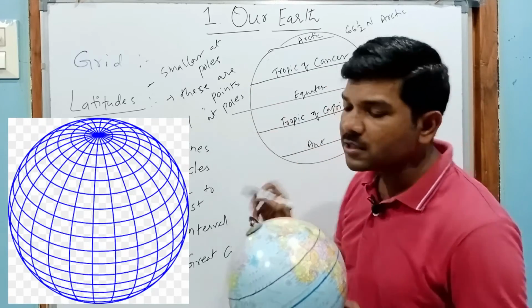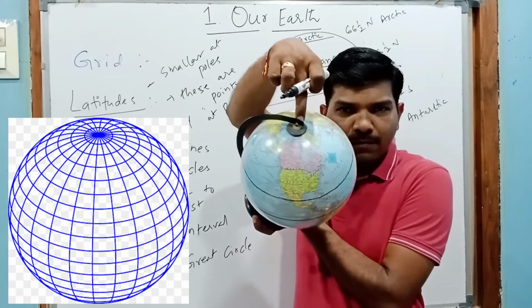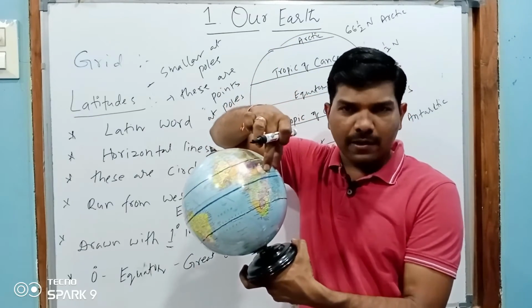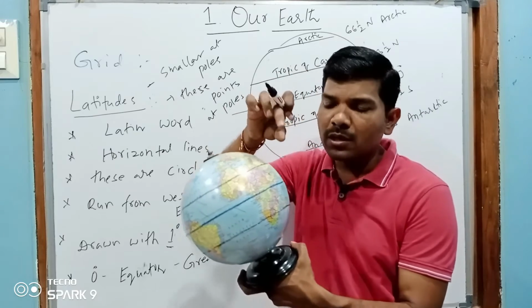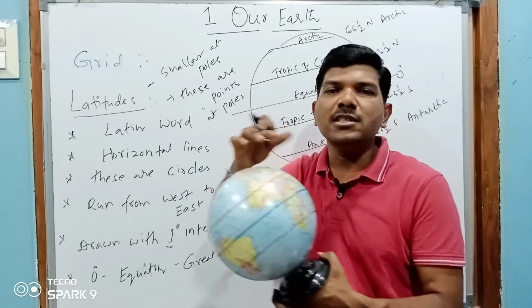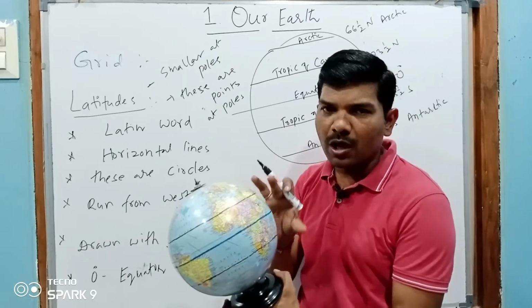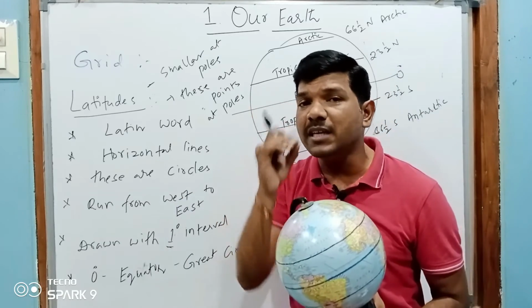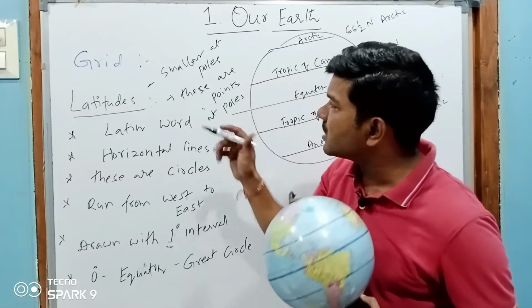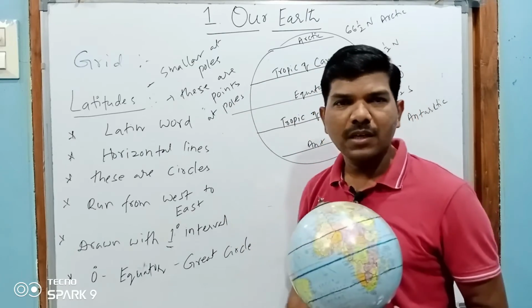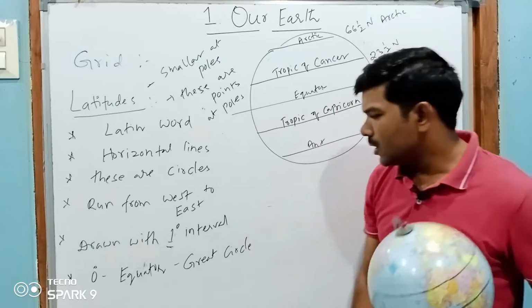You see, there is a pole. Whenever the latitude is at the equator, the size is huge. But as you come towards south or north, the size of the circle decreases, and finally at poles these are like points.